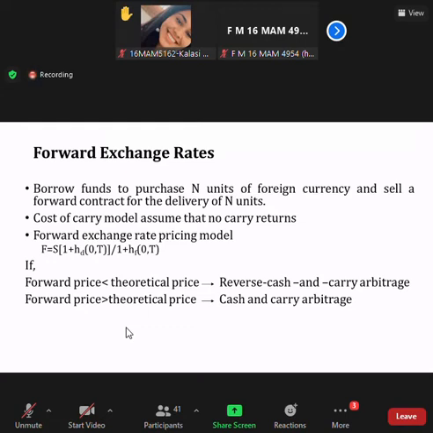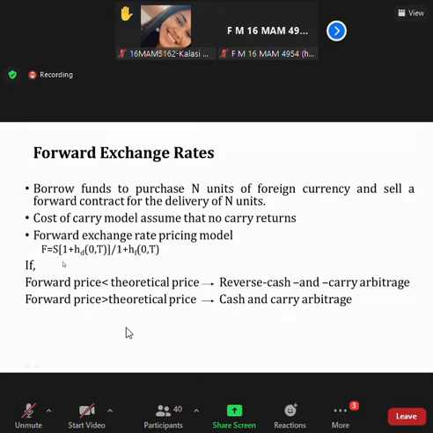For the forward exchange rate, we use this equation to find the forward price of the currency, or forward exchange rate.